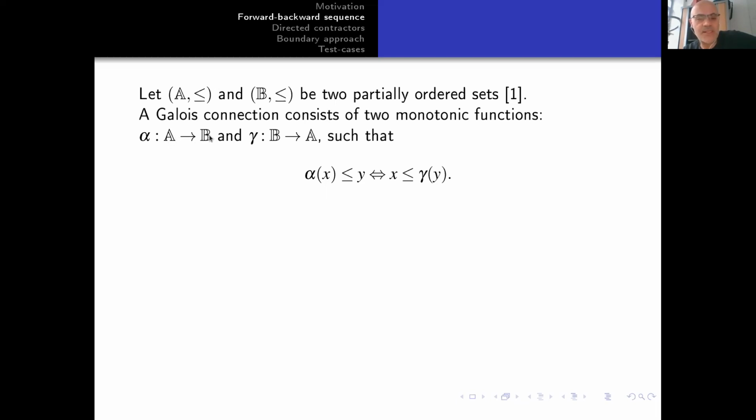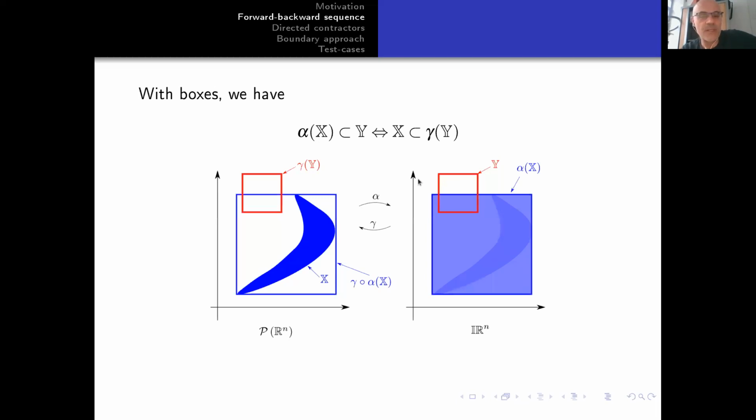But in general it is not like this: A and B can be just ordered sets. What is important is to have this equivalence, and I will explain it at least in the context of boxes. You have two different sets, A and B. A corresponds to the set of all subsets of Rn, and B corresponds to the set of all boxes.